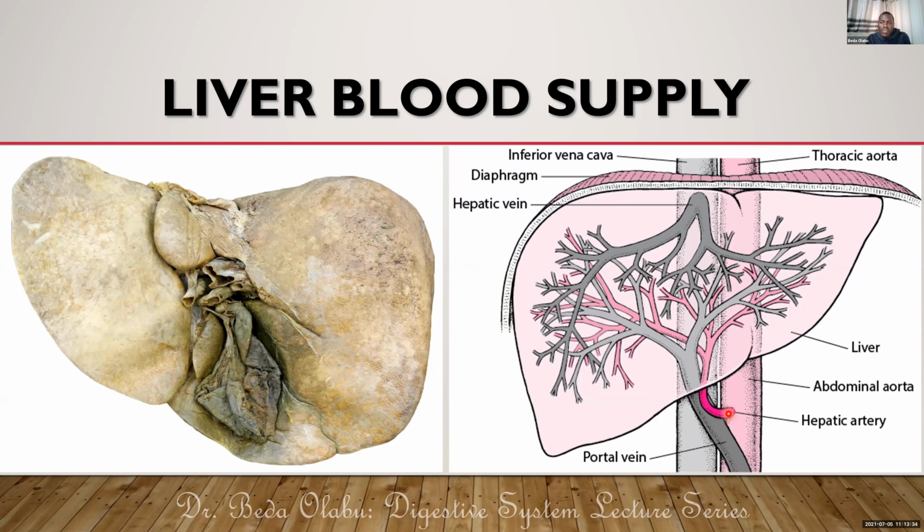So the deoxygenated blood from the spleen, as well as the one from the GIT, join to form the portal vein, which again empties into the liver. And then you ask yourself, so why is deoxygenated blood entering the liver? Why can't it just go direct to the heart? And the answer is this deoxygenated blood contains nutrients and maybe even some toxins.